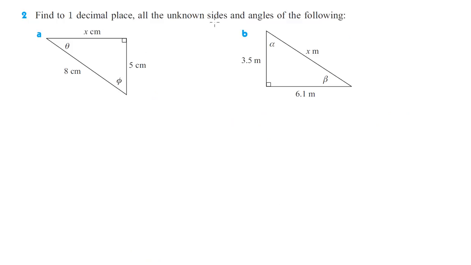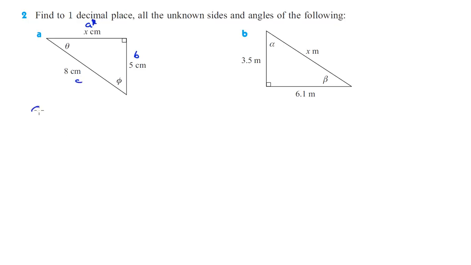Okay. All right, moving on to the last one for this assignment here. Find to 1 decimal place all the unknown sides and angles of the following. So we don't have any angles, but we do have a couple of sides here. So honestly, the best way to find this last side here is, since it's a right triangle, we know that we can do a squared plus b squared equals c squared, right?